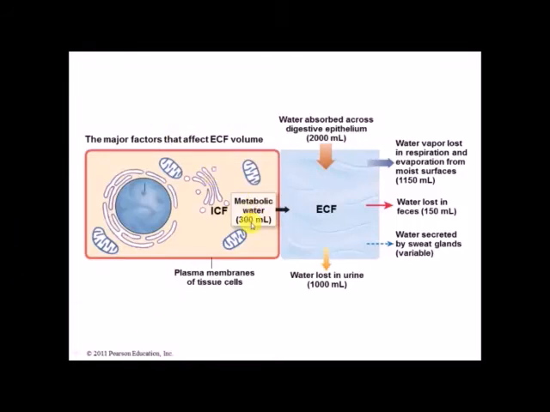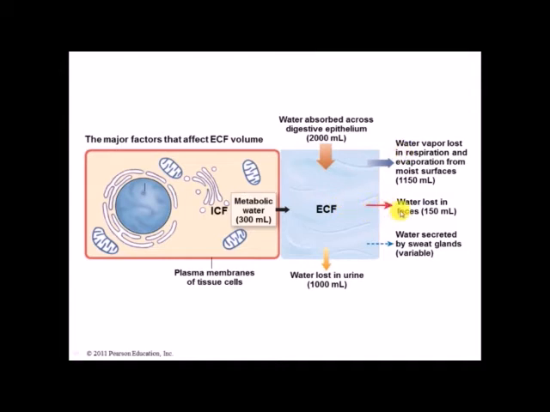We have some metabolic water that is produced by the cells and goes from the intracellular fluid into the extracellular fluid. We have water absorbed across the digestive epithelium. We lose water in respiration and evaporation from surfaces of the body.